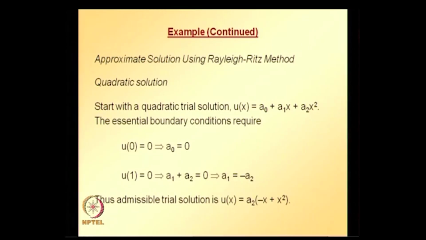Substitute the essential boundary conditions, and that results in a0 is equal to 0 and a1 turns out to be minus of a2. So, the admissible trial solution becomes a2 times minus x plus x square.